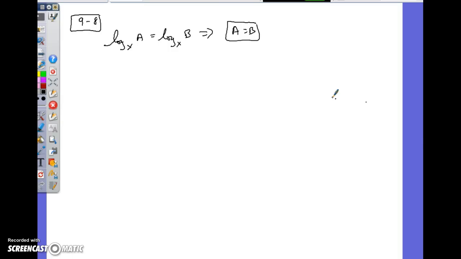The next one's proof is going to be a little trickier, so I'm going to give myself a whole page. And here we go. It's going to be log base x of A plus log base x of B is equal to. Now, in order to do that, first thing I'm going to do is randomly set log base x of A equal to y.